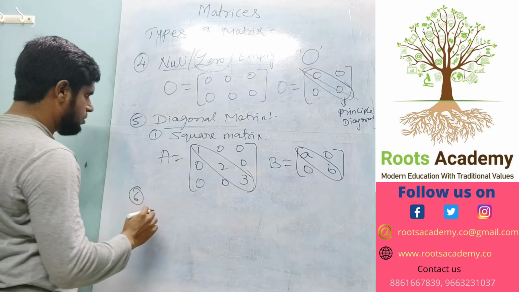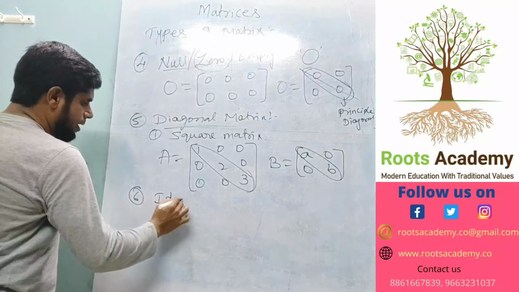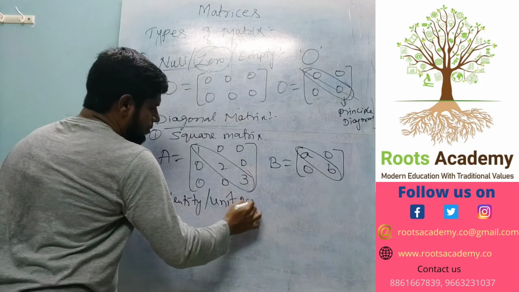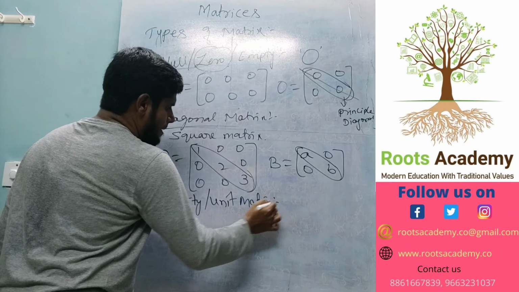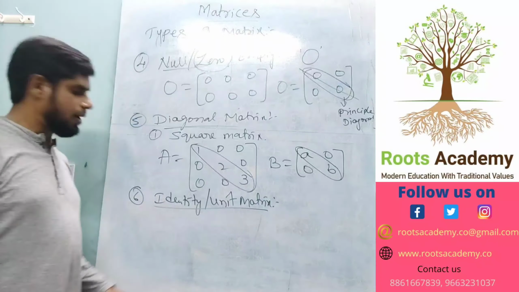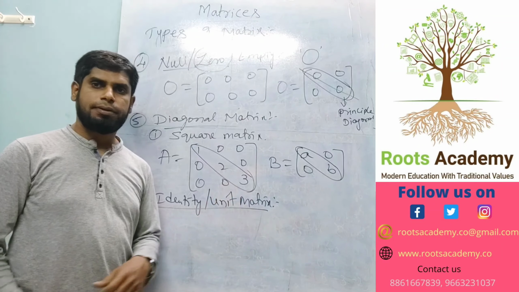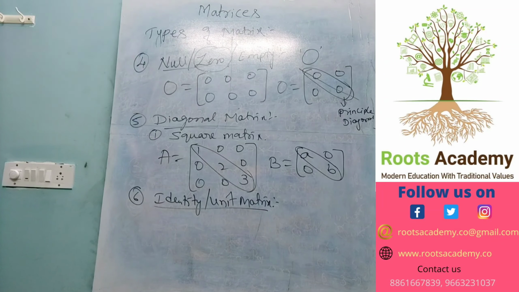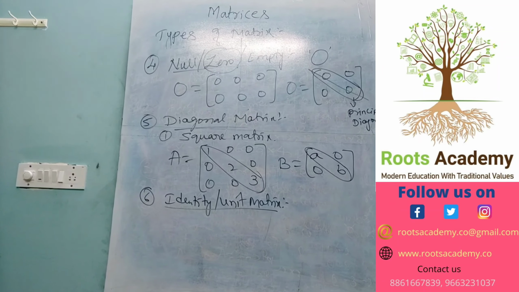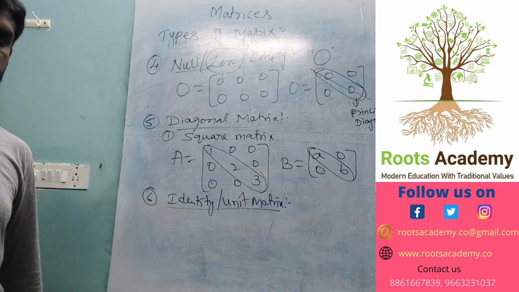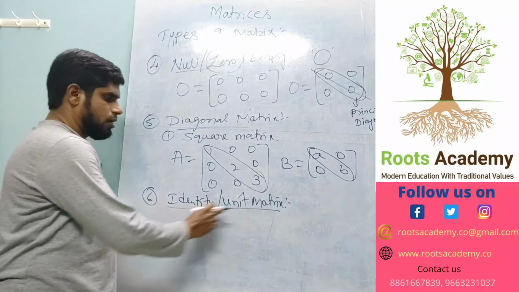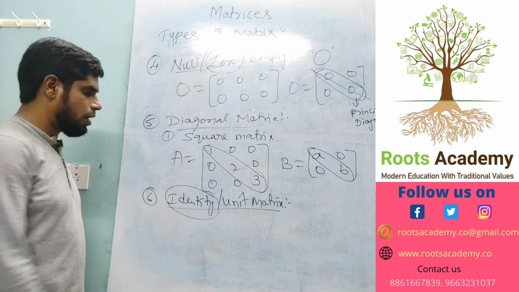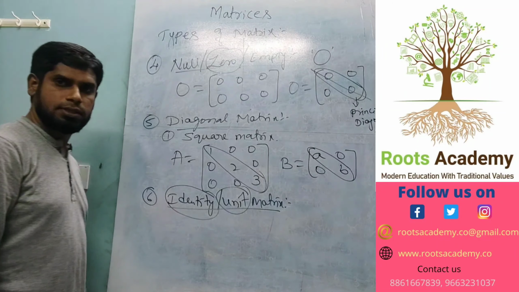Next, the identity matrix, or you can call it the unit matrix. Identity, or unit, means it is one single.